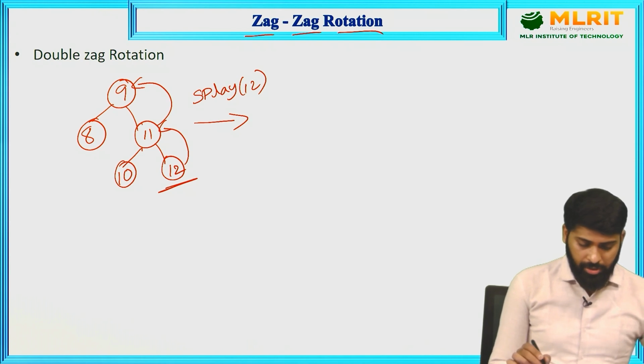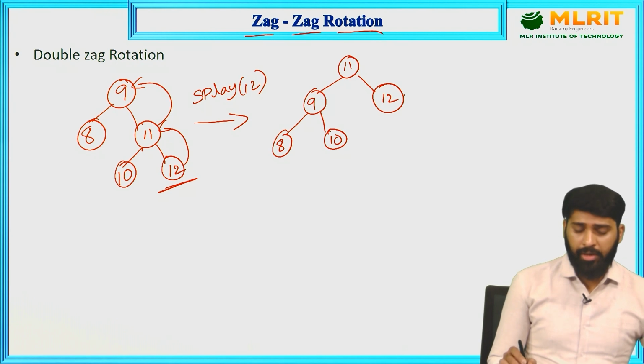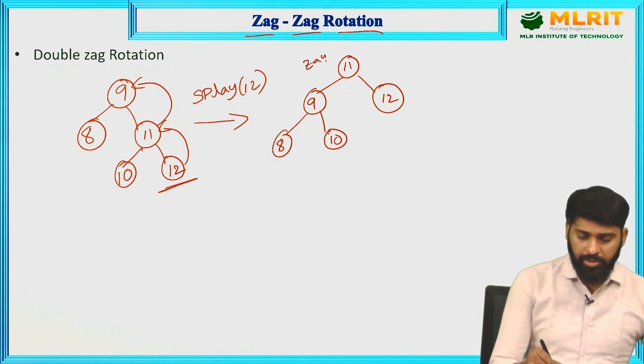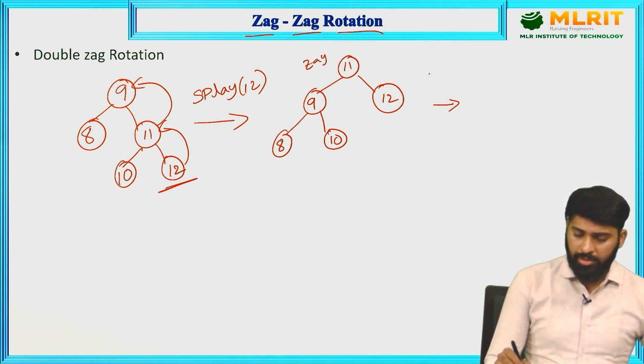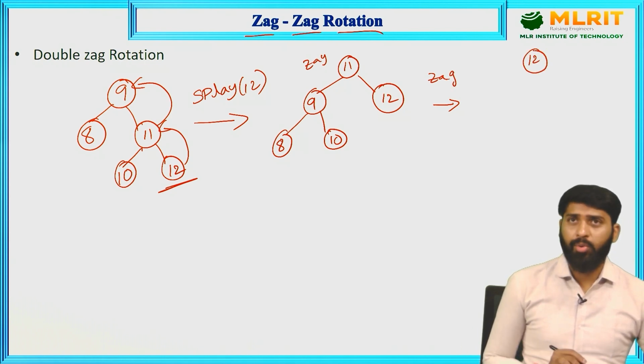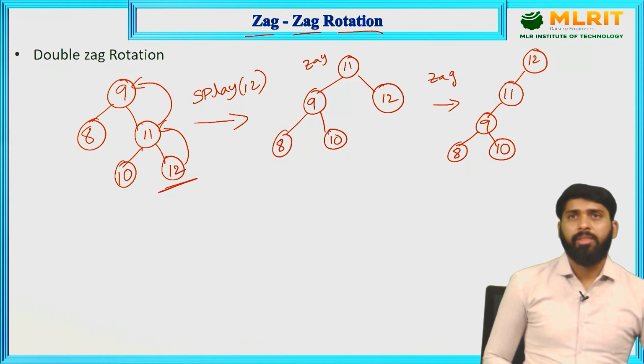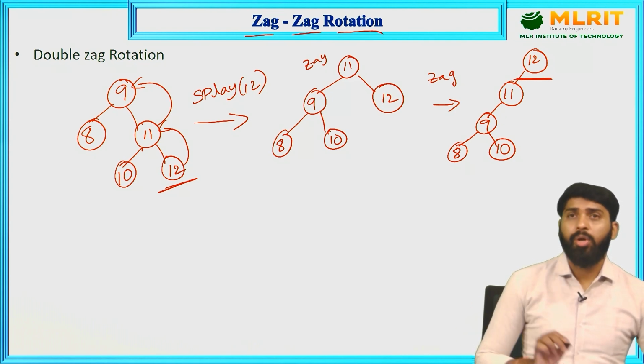In the first rotation: 11, 9, 8, 10, 12. So this is one zag rotation. Now the second zag rotation: 12 becomes the root, with 11, 9, 8, 10 below. That's it. Now 12 is the root.